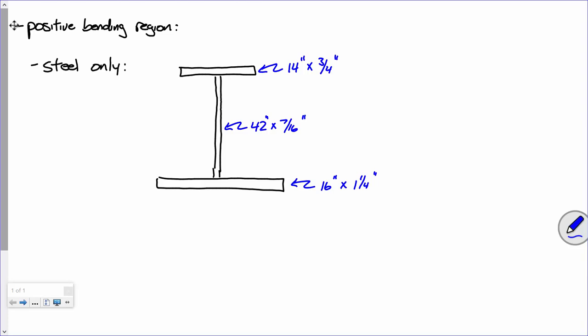Now I'm going to build an Excel sheet that's going to compute some relevant section properties for this, but I want to make a couple points. You all remember the concept of computing a centroid, right? Remember, the sum of AY over the sum of A will give you where the centroid is. When you compute a centroid, you have to compute it by referencing your distances about a given point, okay?